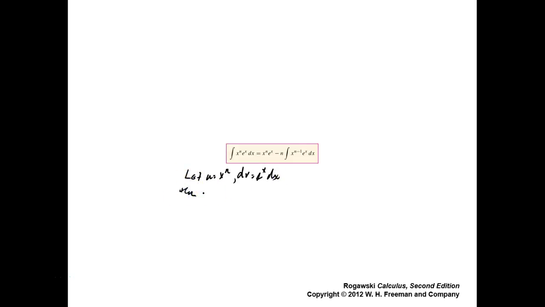Then du is equal to what? n times x to the n minus 1. You see why? n's just some number. And v is equal to e to the x. Very good.